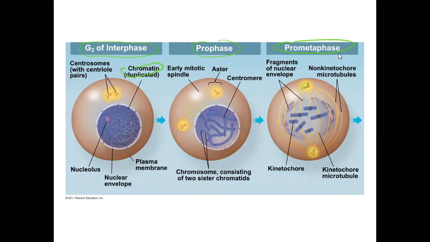And then next, the spindle fibers would also attach to the chromosomes via the kinetochore. When we say kinetochore, it's just that disc-shaped structure in the chromosomes that serves as the point of attachment of the spindle fibers.